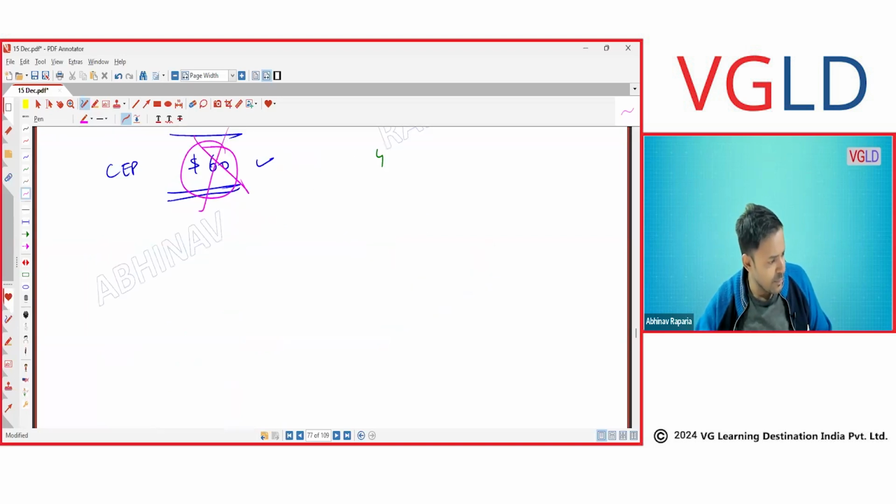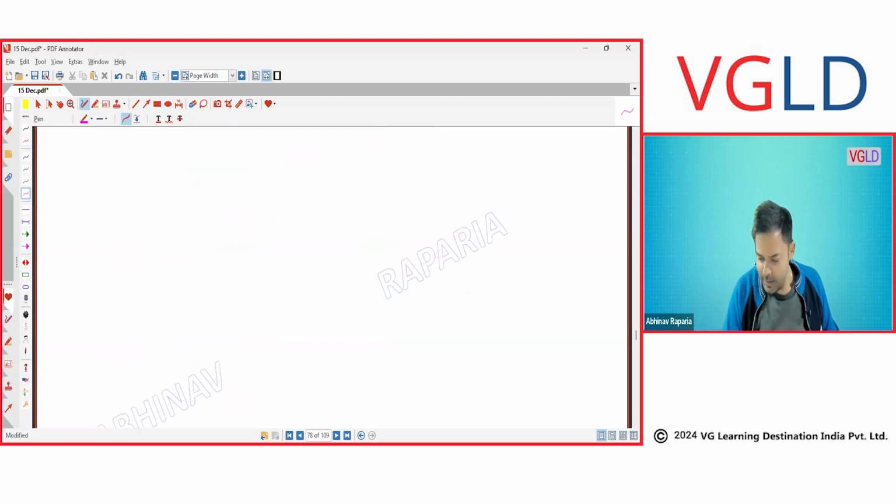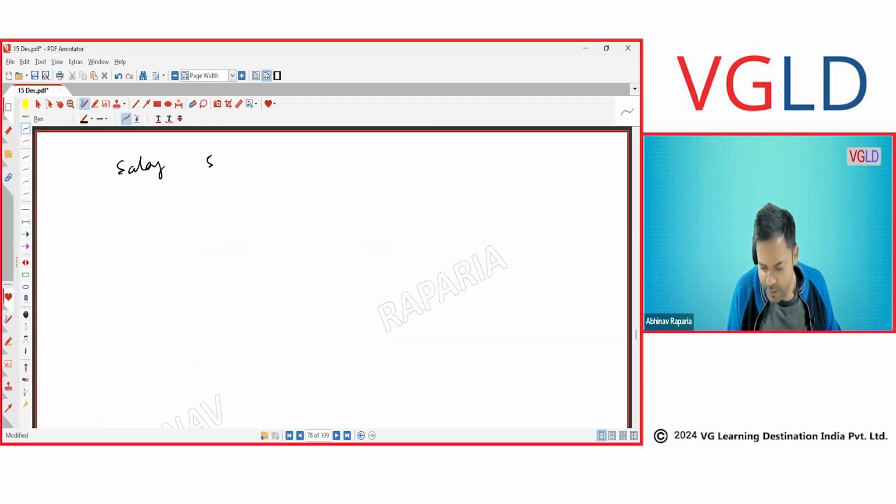I'll do it with a different example, guys. Let's say someone's salary is 50,000 rupees, and that person is deciding, should I purchase a mobile phone or not? Let's say the mobile phone, if the person purchases, is 30,000 rupees. So the person is left with 20,000, guys.